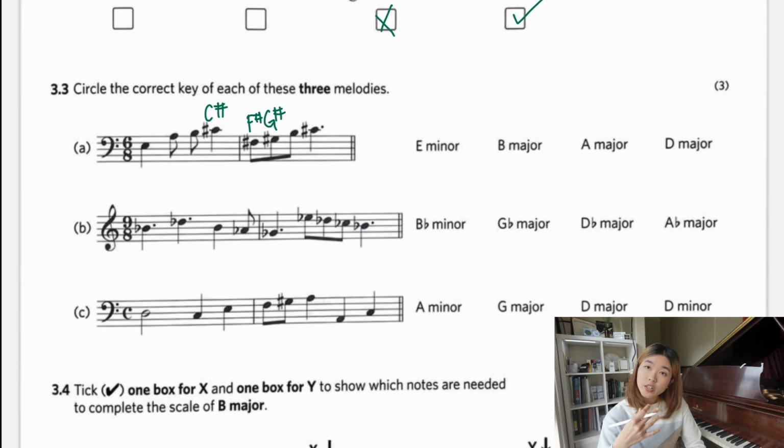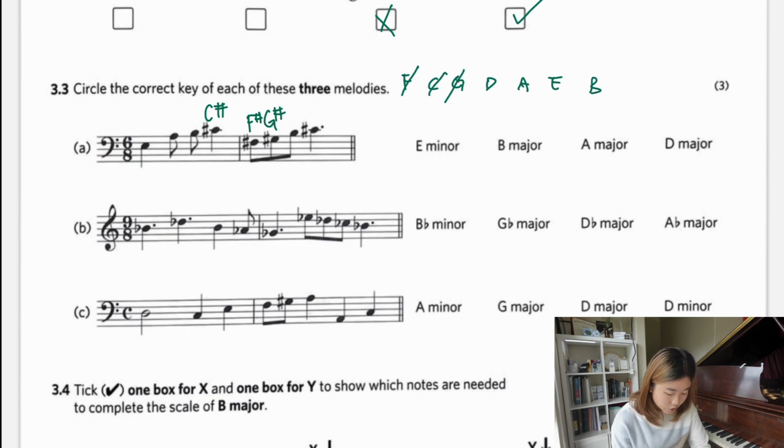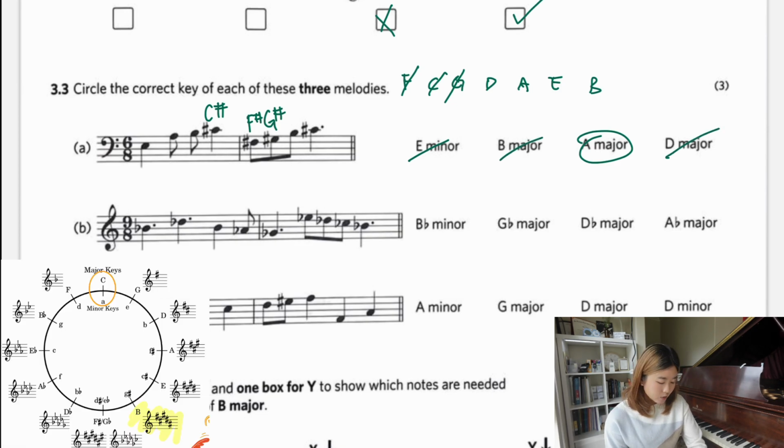And I think they're in a good order, because the order of sharps is F, C, G, D, A, E, B, right? And we already have F, C, G, okay? So they're in a good order. And then the key that we have 3 sharps is A major. E minor has 1 F sharp only. B major, we have 5 sharps.